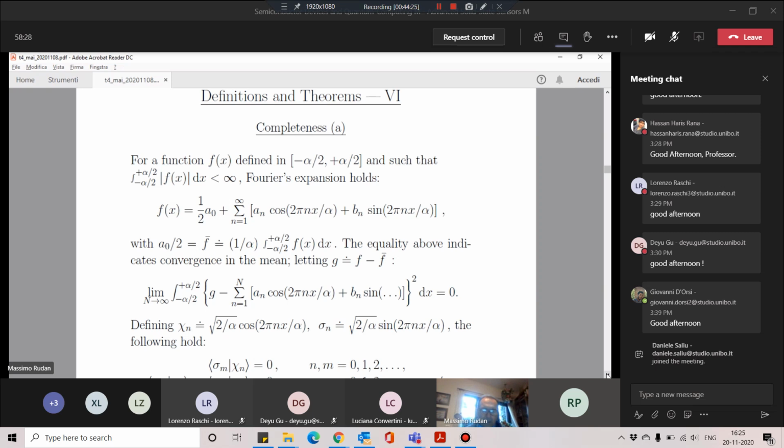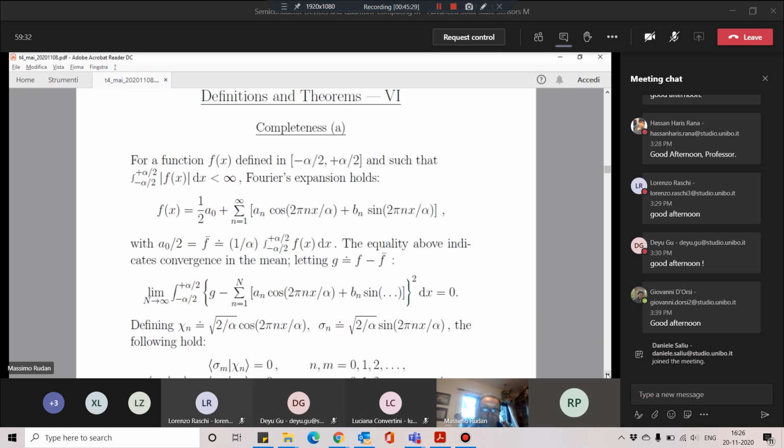And you remember very well that the expansion reads, as you can see in the first line, you have 1/2 A0, and this 1/2 A0 is the average of the function over the interval, plus a series which has a combination of sine and cosine with some coefficients that we call an and bn, and sine and cosine have an integer index n that goes from 1 to infinity, and then they have an argument that is 2 pi n x over alpha.